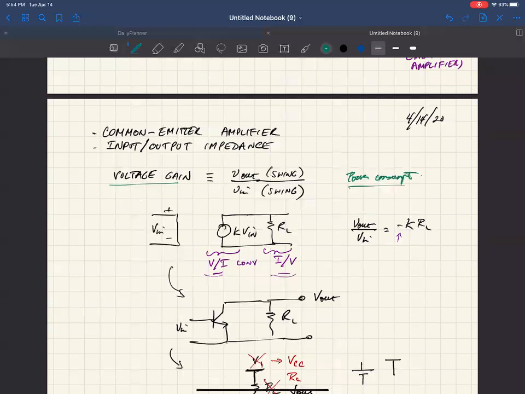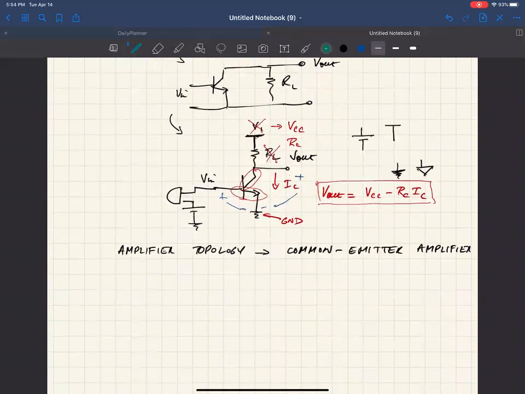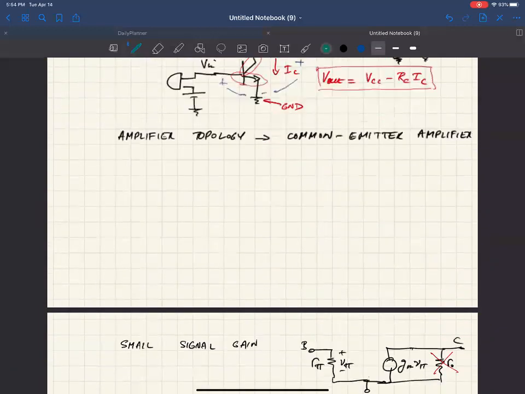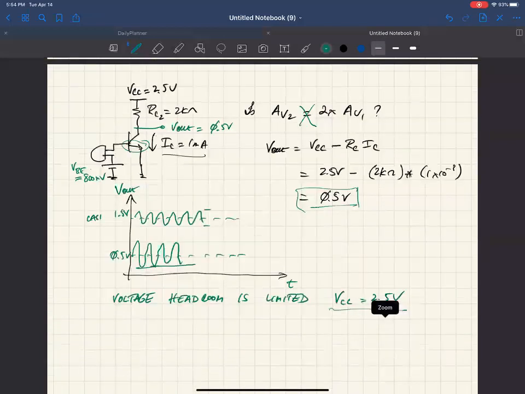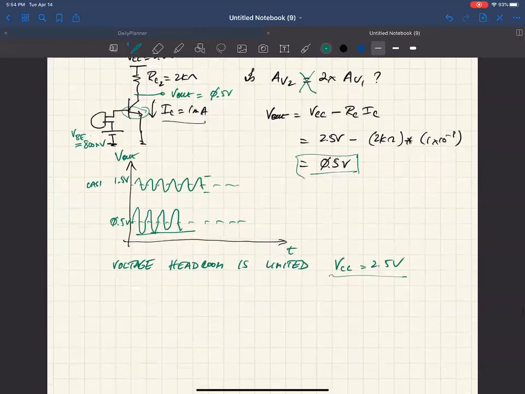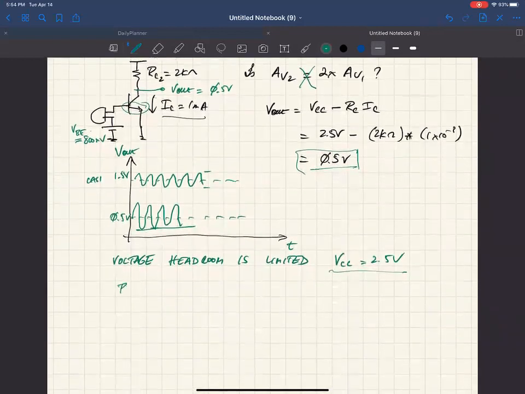And you can see that if the power consumption of this stage is... I'm not going to go into that very much, but just describing why the headroom would be limited, it is just I sub C times VCC, okay?